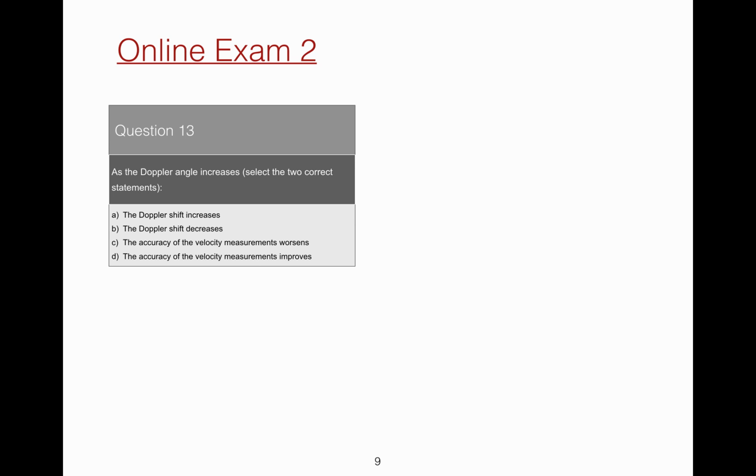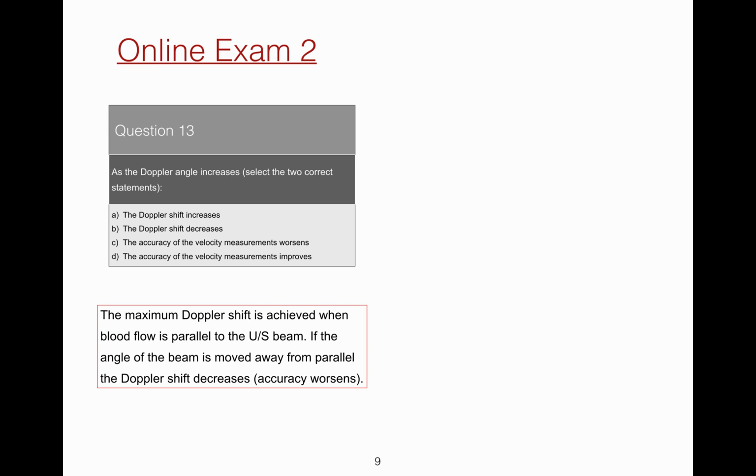Question 13. As the Doppler angle increases, what happens? The maximum Doppler shift is achieved when blood flow is parallel to the ultrasound beam. If the angle is moved away from parallel, the Doppler shift decreases and accuracy worsens.